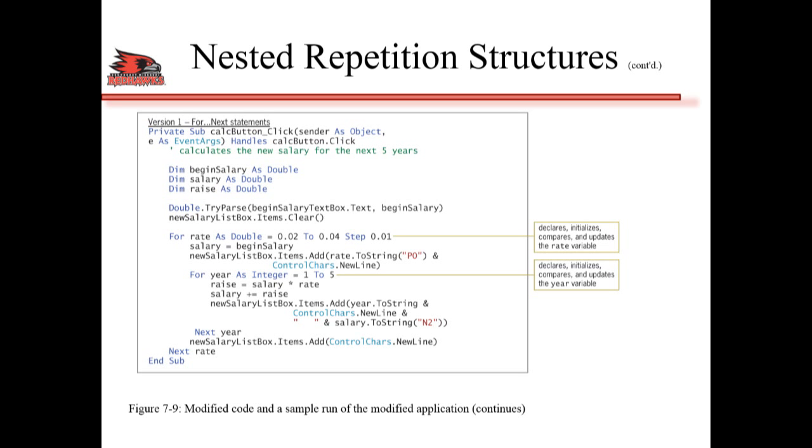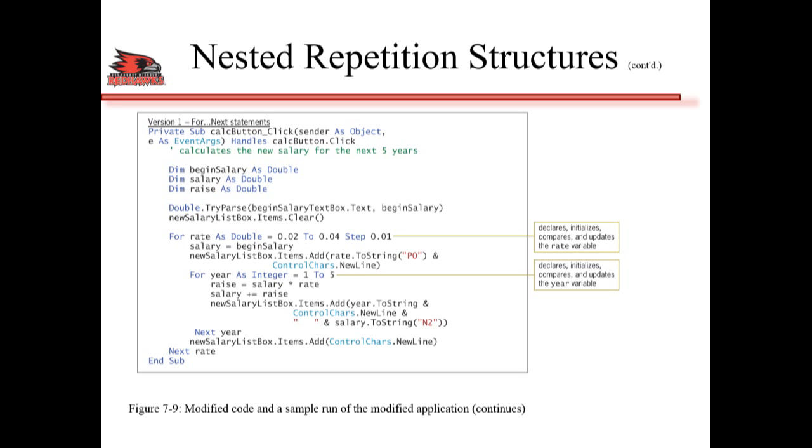Inside is the previous for loop where for year 1 to 5 we get all the salary increments, and the outer for loop is doing the same thing but with the rate changing from 0.02 to 0.04, meaning it's changing from 2% to 4% with a step of 0.01, or 1%.